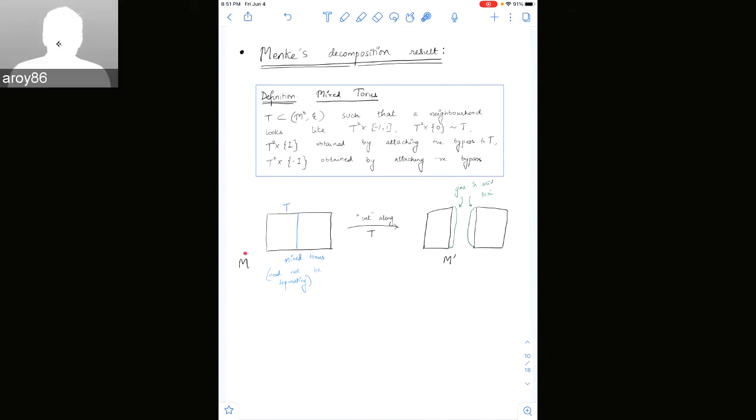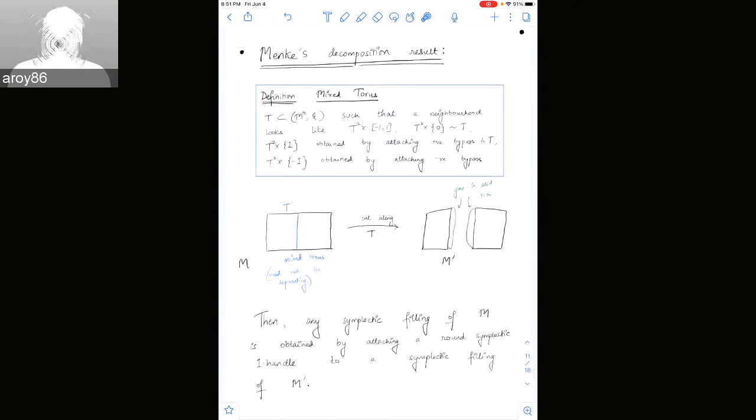But that's how you decompose from M to a simpler manifold, M prime. And how it helps us understand the fillings of M is that any symplectic filling of M is obtained by attaching a round symplectic one-handle to a symplectic filling of M prime. So you have any filling of M prime, you attach what's called a round handle, and the whole thing gives you a filling of M. And all fillings of M are obtained exactly in this manner.